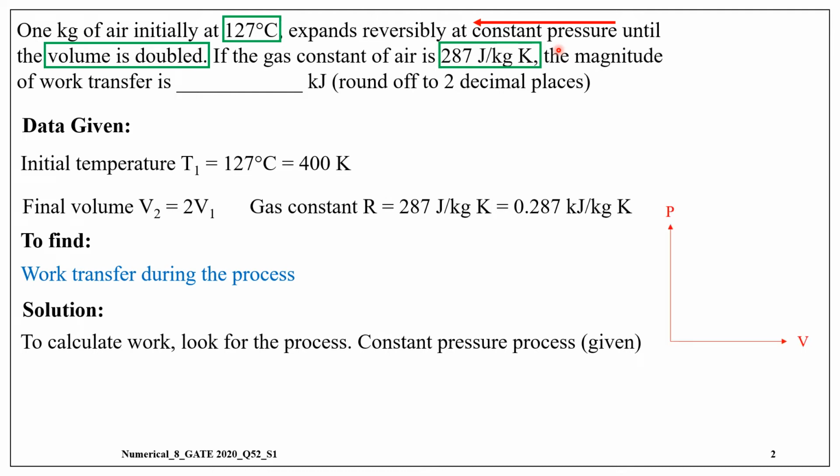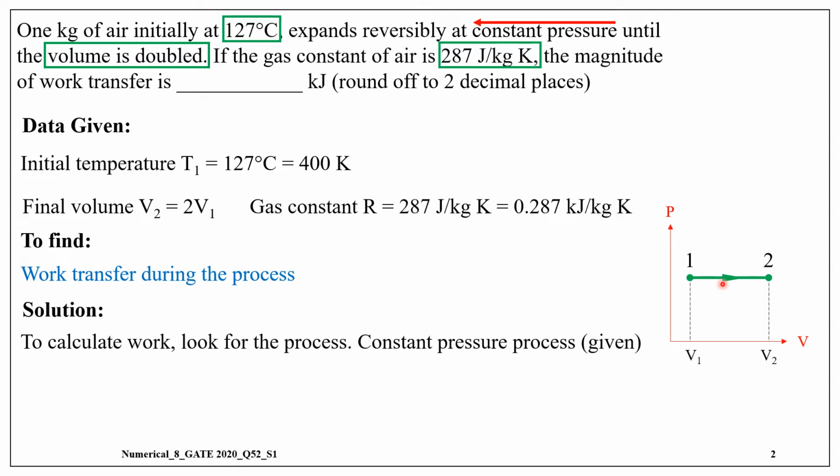The plot of this process in a PV diagram is like this. Initially at state 1, it reaches the final state 2. Since it is a constant pressure process, it is a horizontal line.